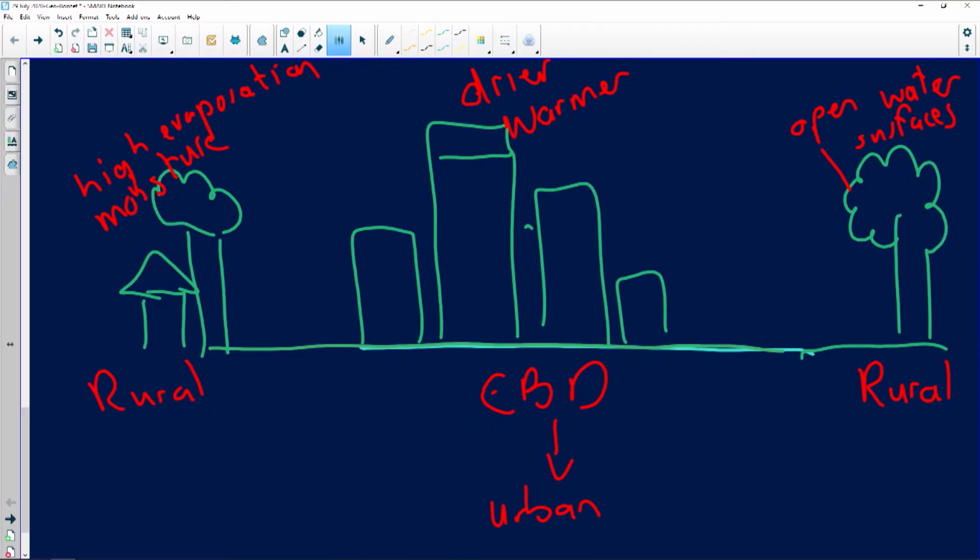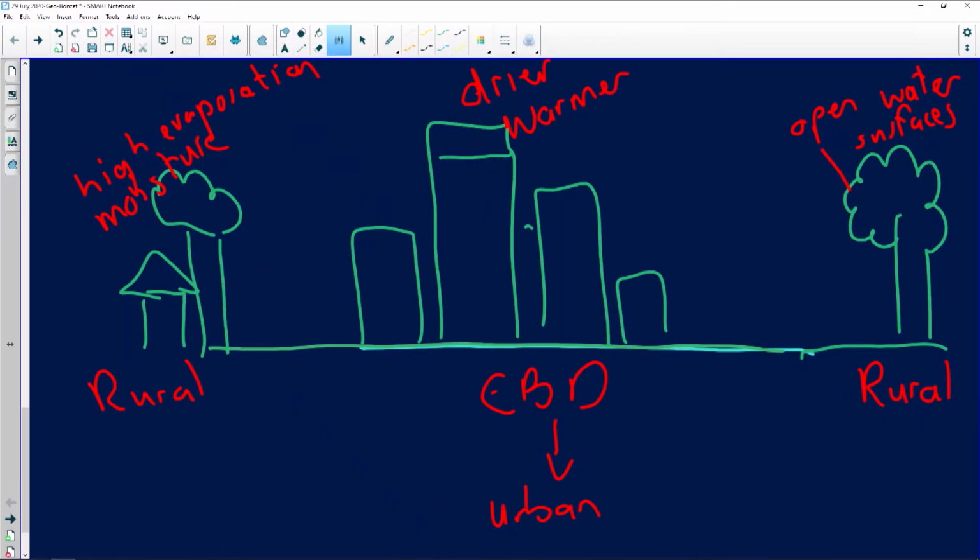But what happens over here? Now we need to go back to our diagram. Why does the CBD experience more rainfall? The simple reason is that we can always judge it as a mini low pressure. We experience rapid rising air in our CBD area. Why? Because of artificial heat.